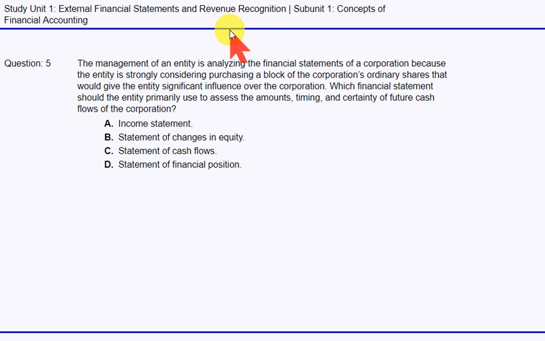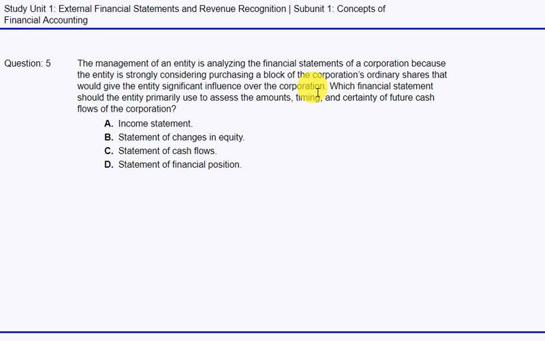All right. The management of the company is analyzing the financial statements of a corporation because the entity is strongly considering purchasing a block of the corporation's ordinary shares that would give the entity significant influence over the corporation.